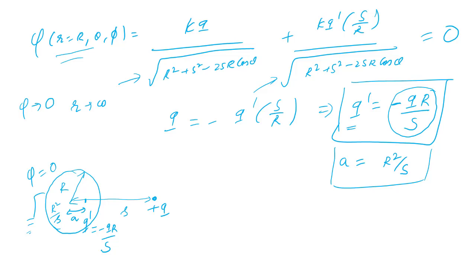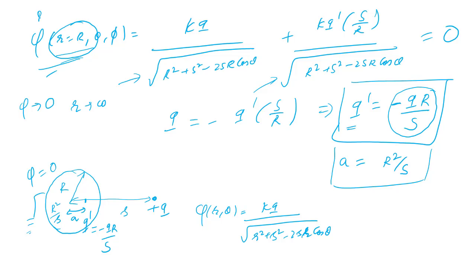So then we can write in general phi of r, theta would be equal to KQ by, the first term remains the same, that is the square root of r squared plus S squared minus 2Sr cosine theta. So here we had r equal to capital R because this is the boundary condition, and here we are writing in general.